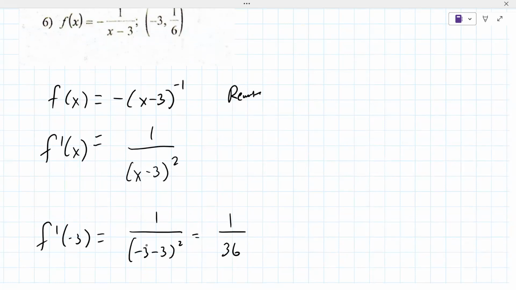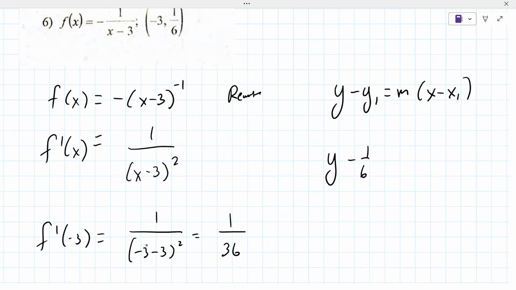It does not specify the equation of the tangent line. And so that means you generally want to go for point slope form. So you go with y minus 1/6 equals 1/36 times (x plus 3) for that. Okay. Any thoughts on that?